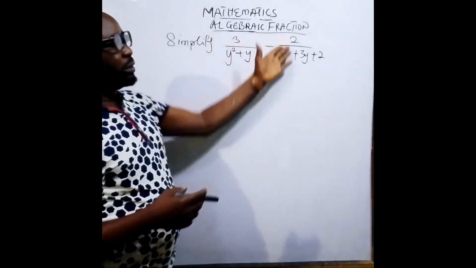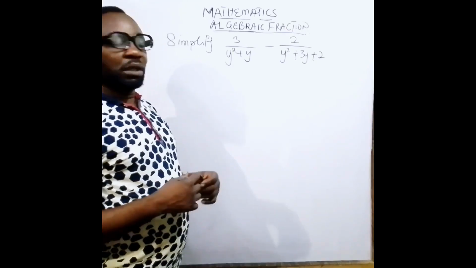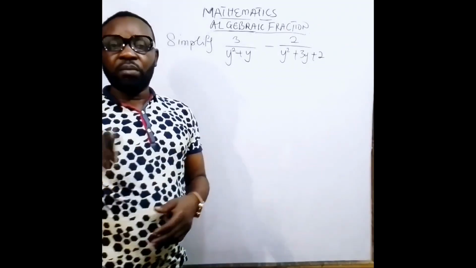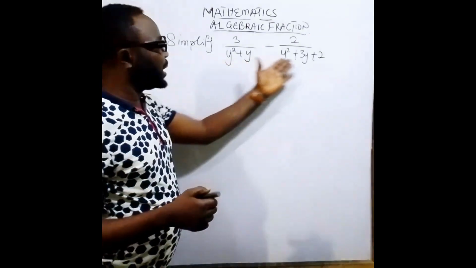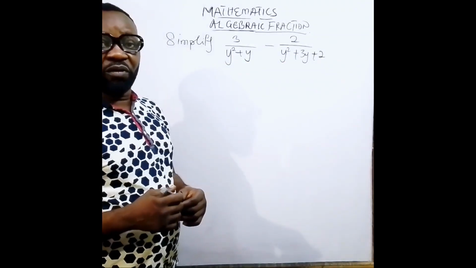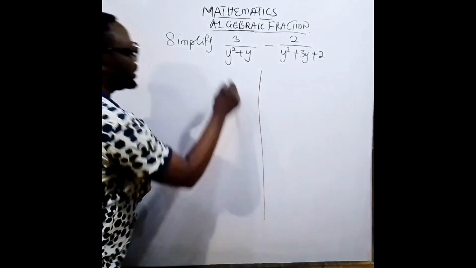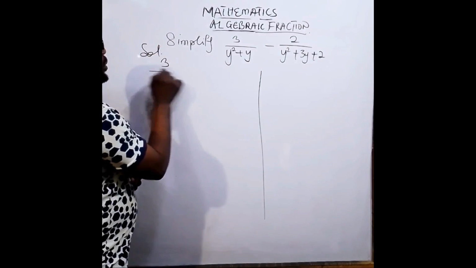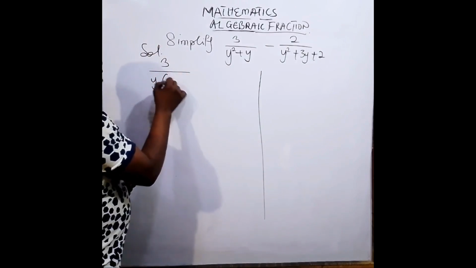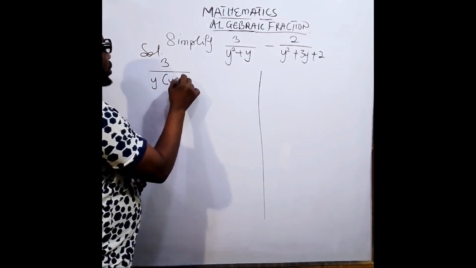They are fractions. So what you do here is to find the LCM. But before we go ahead to find the LCM, let's first of all simplify the denominator values we have here. For us to simplify it, we are going to have 3 over y into bracket y plus 1.